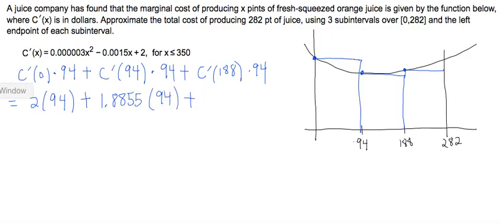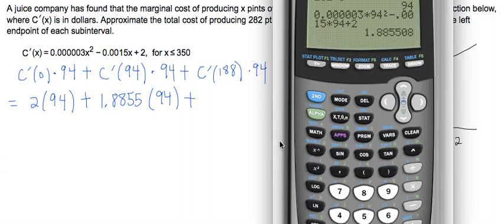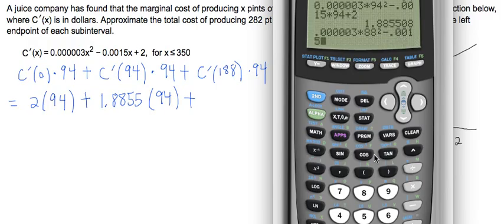Now C prime of 188: 0.0000003 times 188 squared minus 0.0015 times 188 plus 2.